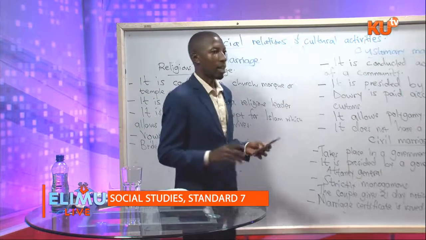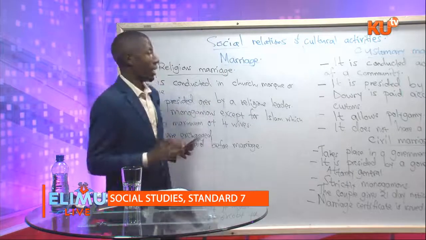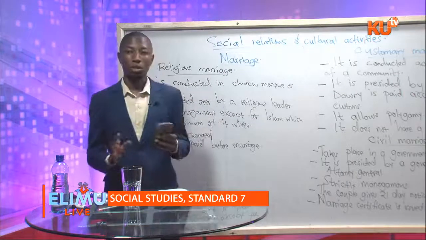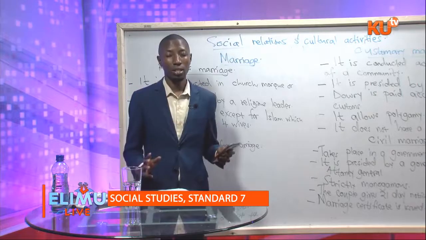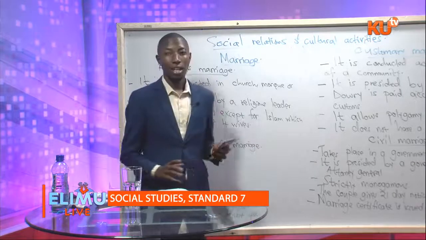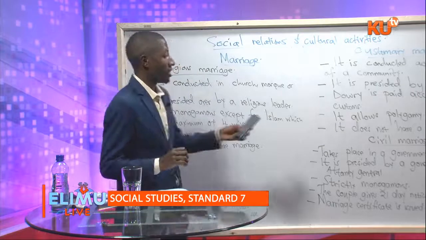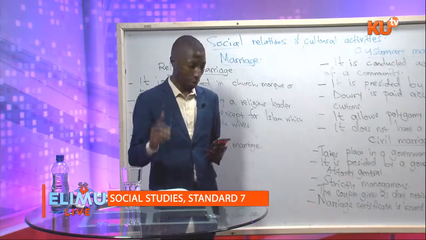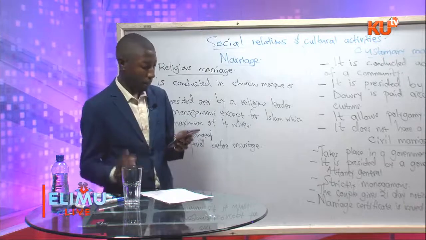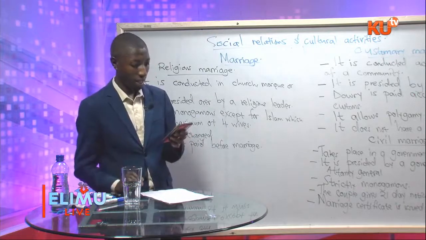A clever student should have understood that religious marriage is not only restricted to Christian marriages. So religious marriage is polygamous in Islam, but civil marriage is strictly monogamous. So there are many differences, even in the way they are conducted.